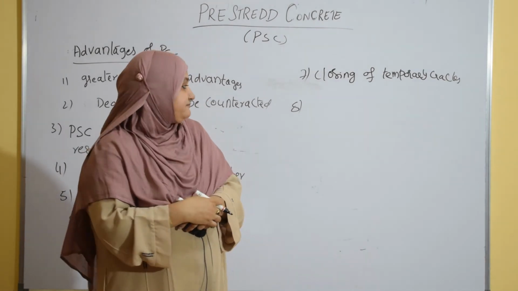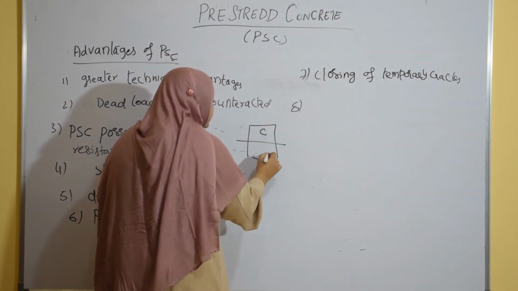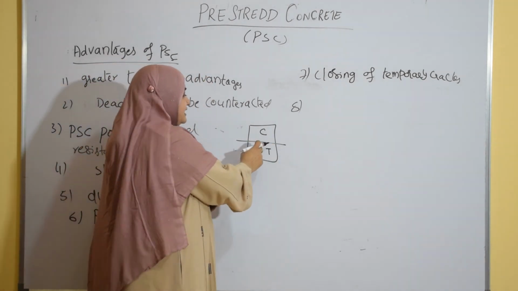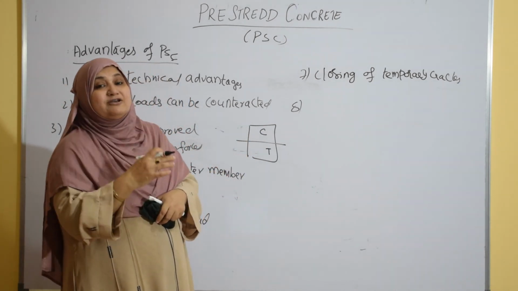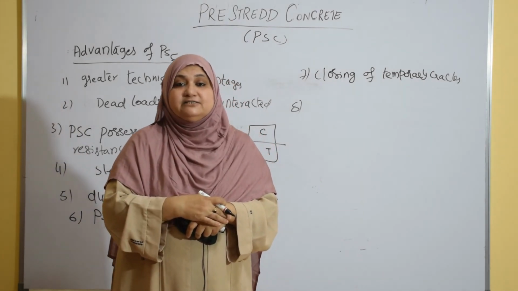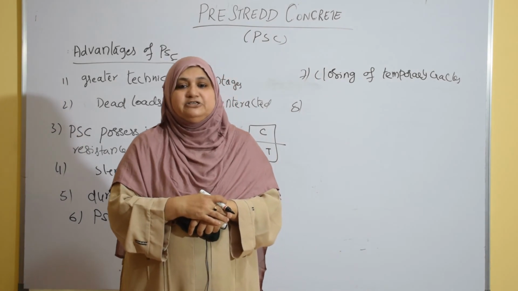In RCC, you might have seen that the zone above the neutral axis is compression, and the zone below the neutral axis is tension, and we also know that concrete in tension is not going to play any role. That is how the flange section, the T section, has been developed. But here we are utilizing the concrete in the tension zone also.